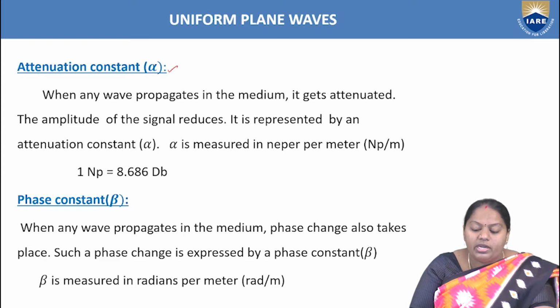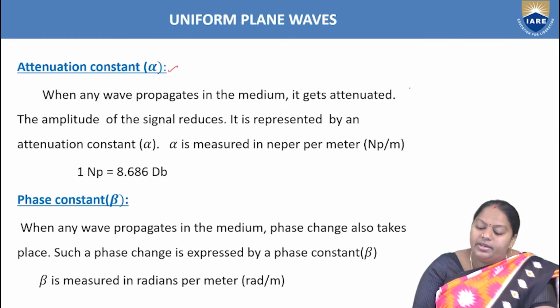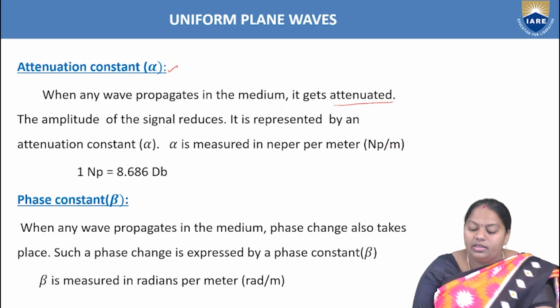When any wave propagates into the medium, it gets attenuated, meaning the amplitude of the wave is reduced. So the strength of the wave is reduced. This is represented by the attenuation constant alpha, and it is measured in Nepers per meter. Sometimes alpha is also measured in decibels.